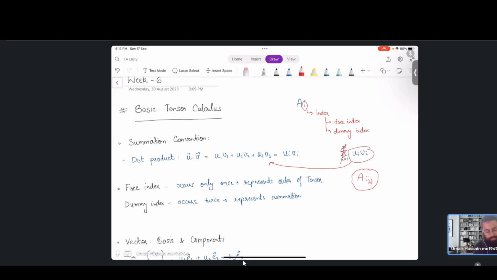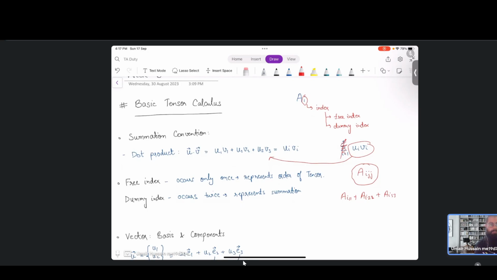We can simply write this as the summation ai11 plus ai22 plus ai33, assuming that the summation is over three dimensions. Otherwise, in some cases it can be more, or just two also. By default, we assume it to be three.